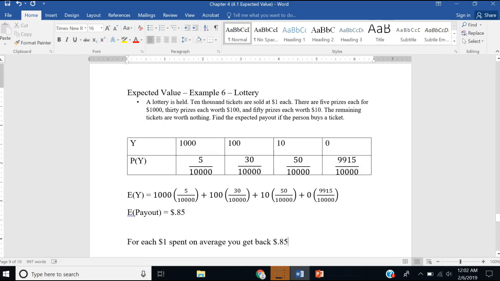And obviously the states or whoever's doing the selling of the lottery tickets, if they keep playing, they keep winning money, on average, because they're not just selling one ticket. They're selling all 10,000 of these tickets. And when they sell all 10,000 of these tickets, they make about 15 cents per ticket. And if you add that up, they're making about $1,500.